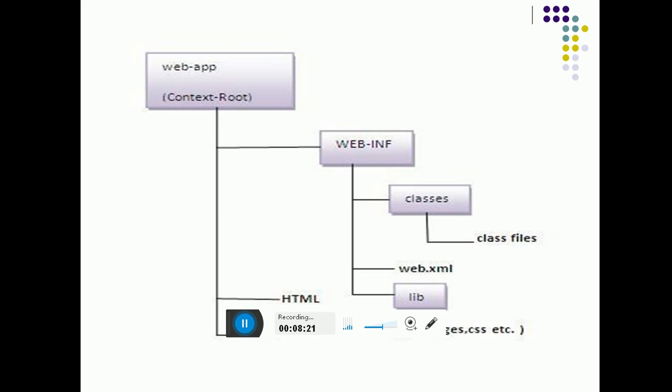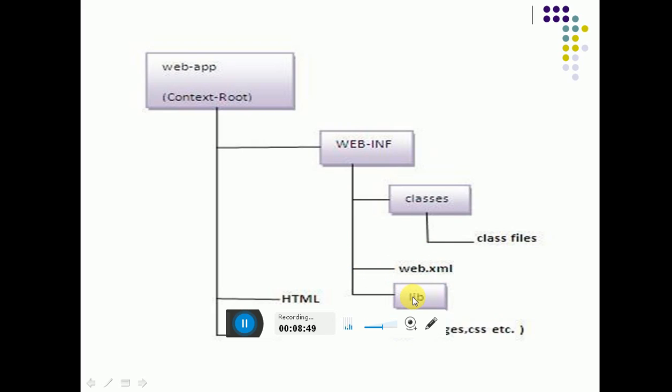Your directory structure contains, first, the webapp folder. It may be named with any username, and a subfolder in this is WEB-INF, and a subfolder of this is classes. In classes you have your servlet files, the .class files and .java files. Another item in WEB-INF is web.xml, the XML file, and the other one is the lib folder.